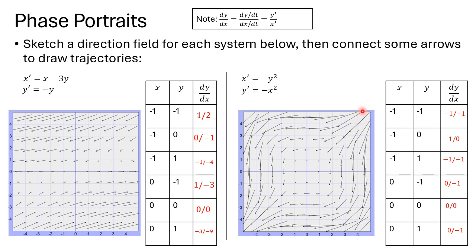Other trajectories will actually go around the origin, and this will make trajectories where, unless you are on the line y equals x, you will end up going around the origin and just pass on by. So this is an example of a qualitative sketch, because solving this differential equation ends up being significantly more complicated.